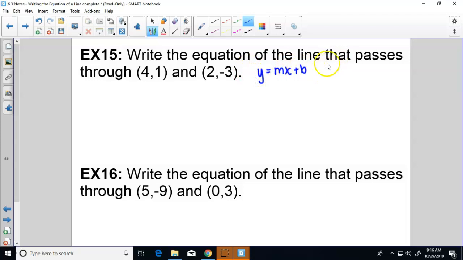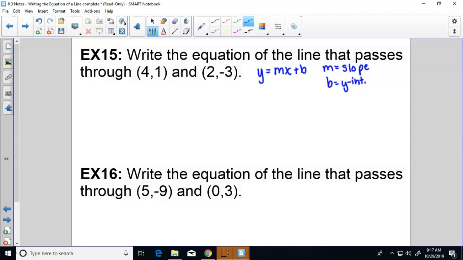To use y = mx + b, you have to have a slope and a y-intercept. We don't have either one of those right now. So the first thing you want to find is the slope.